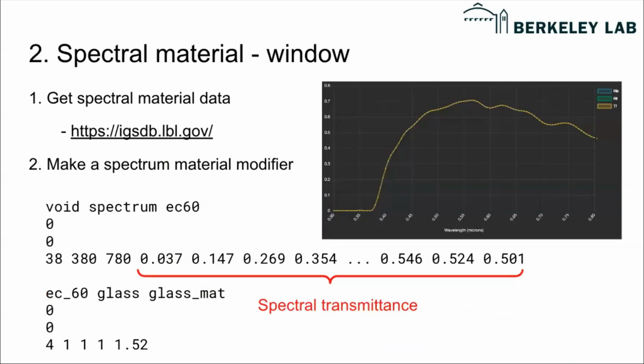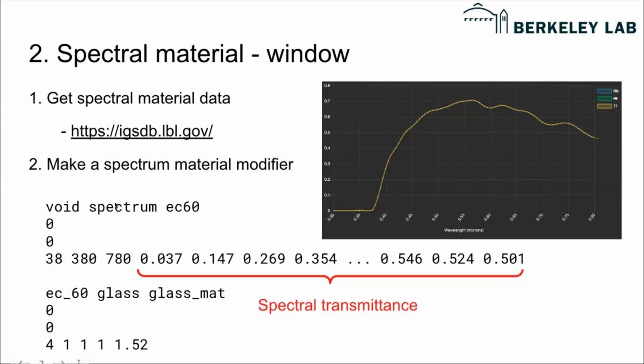So how do you get the spectral material data for windows? You will go to the LBNL IGSDB website, and on the website, they have the spectral transmittance data. Right here is showing you the 60% TVIS EC glass.